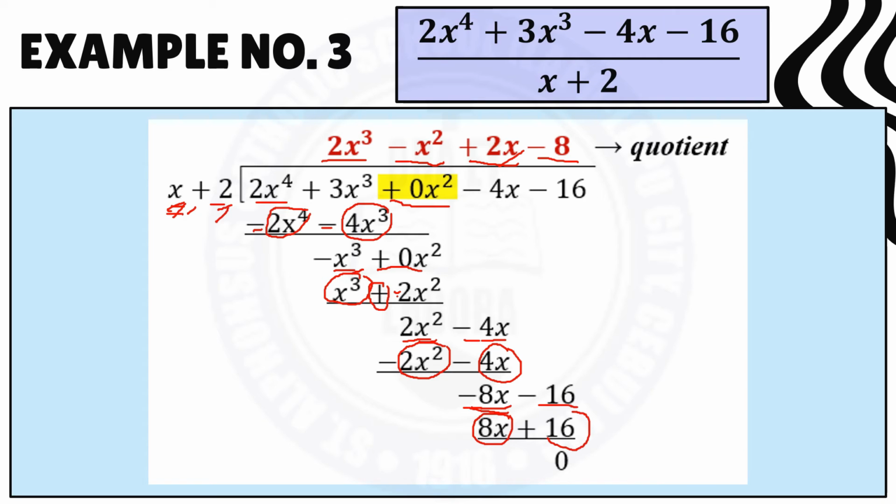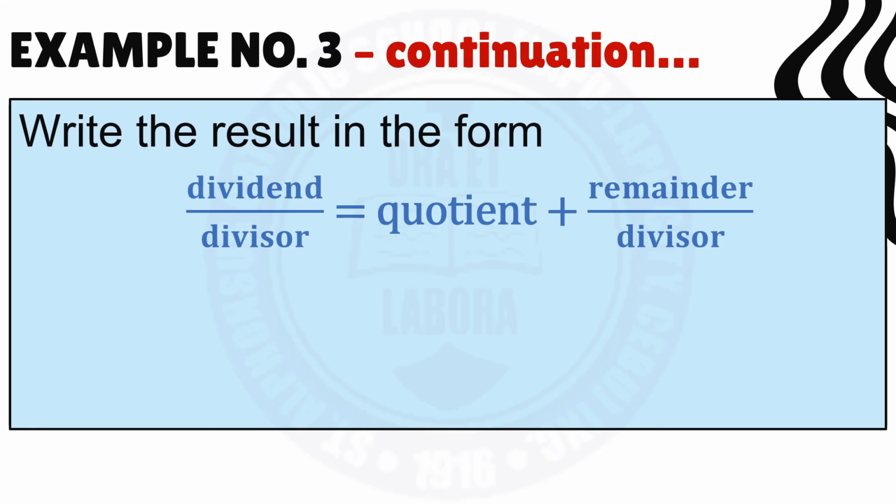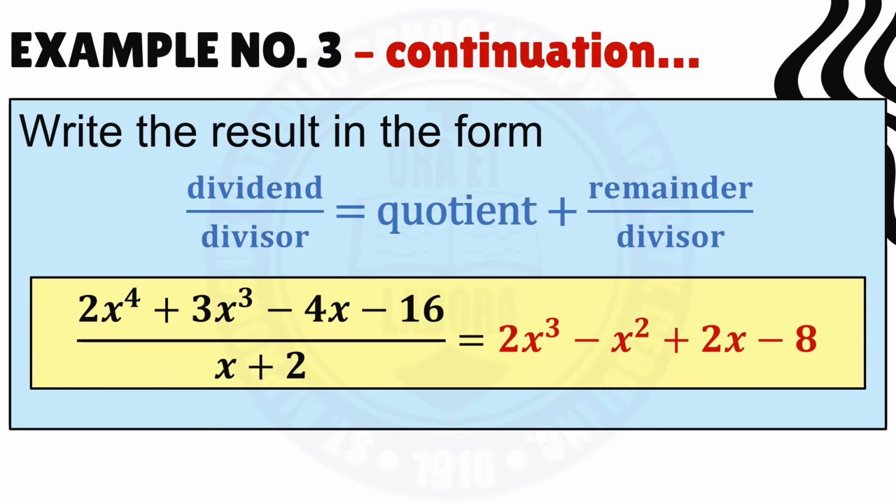So in this case, it becomes plus 16 since we already changed the sign. From negative, it becomes positive. Combine similar terms, therefore, this becomes 0. So since there is no remainder, therefore, the final answer would be 2x cubed minus x squared plus 2x minus 8.